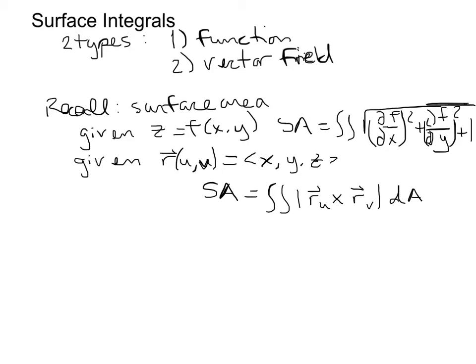So this is a magnitude of the cross product of the derivative with respect to u and derivative with respect to v of the description of the surface. And that's how we would calculate the surface area.